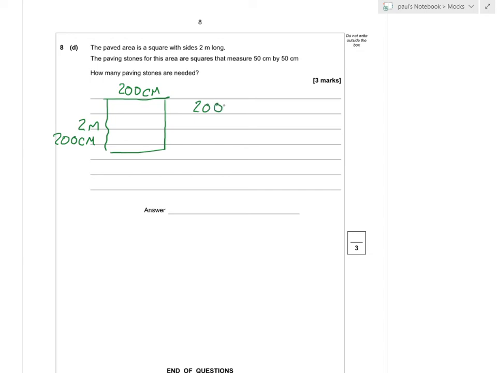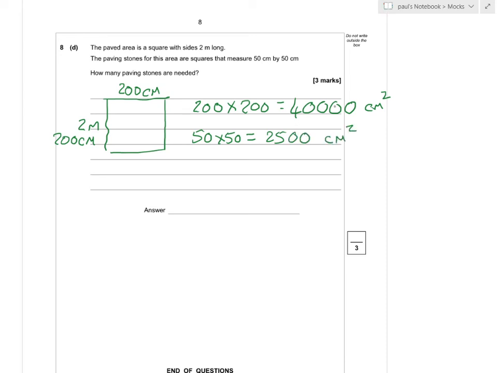So 200 by 200 equals 4, and then 4 zeros on the end. That's centimeters squared. I'll put that just in case somebody gets funny. Now the other one is 50 by 50, which equals 5 5s are 25, and put the 2 zeros on the end, centimeters squared.